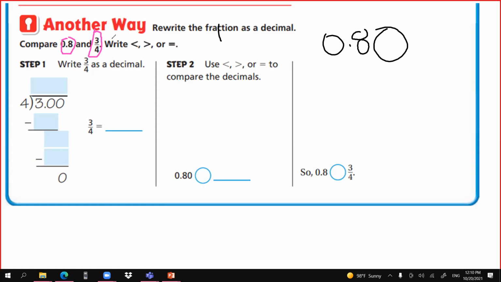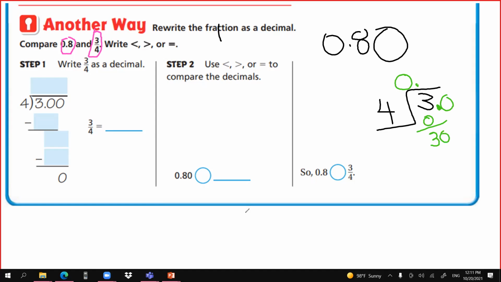How can I write 3/4 as a decimal? As we said before, 3/4. Do you remember what we said yesterday? Decimal point here, 0 here. 0 times 4 is 0. 3, then add 0.